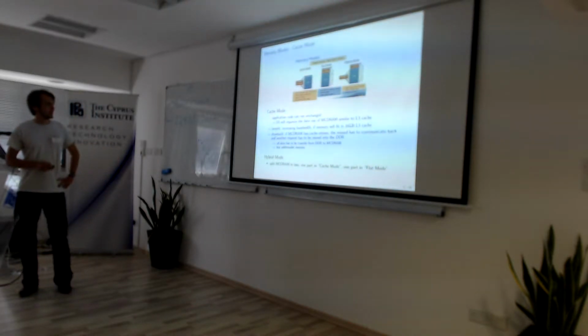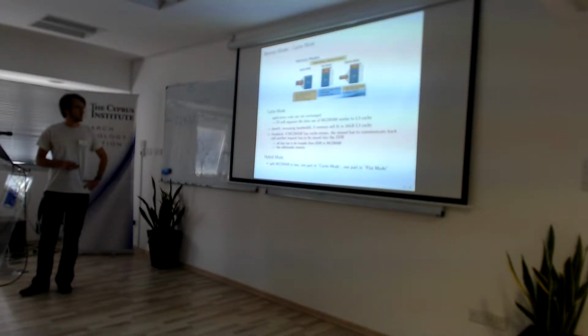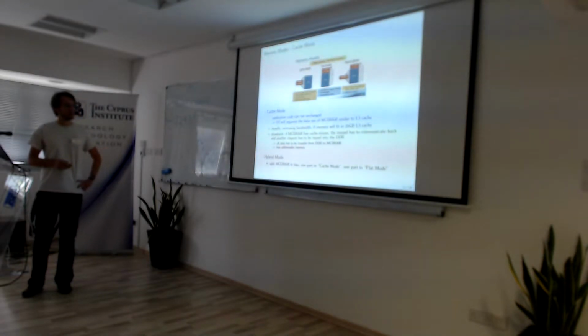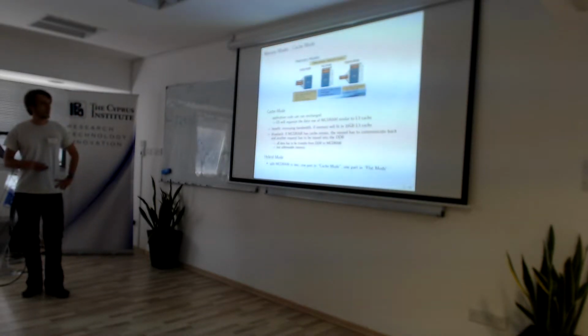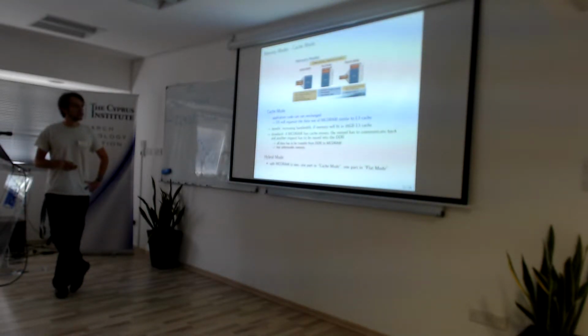In principle, here the application code can run unchanged. The operating system will organize your data use, and this means the MCDRAM is used similar to a level 3 cache. The benefit is that if memory fits into the 16 GB L3 cache, bandwidth is increased.